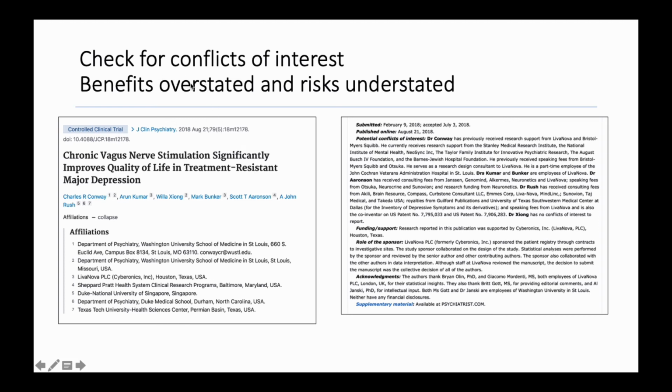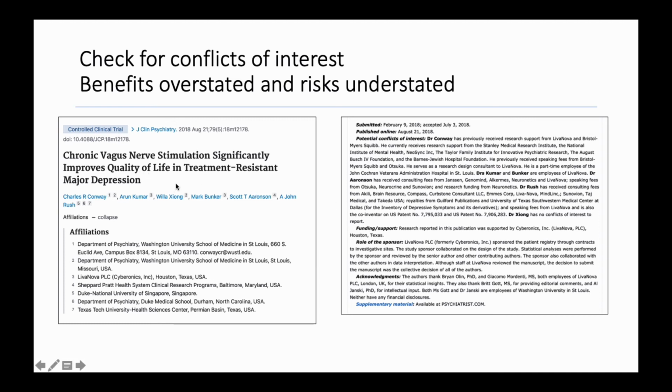It has been well demonstrated in the literature that industry-supported research overstates the benefits and understates the risks. And I think it's really up to you, now when you're in PubMed and you're looking at those original articles, that you exercise some critical thinking, that you look and find the conflicts of interest.